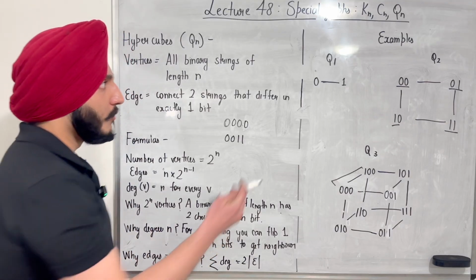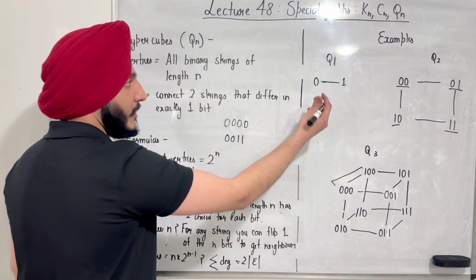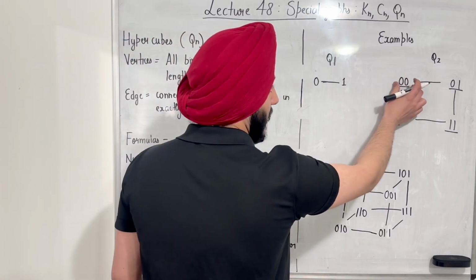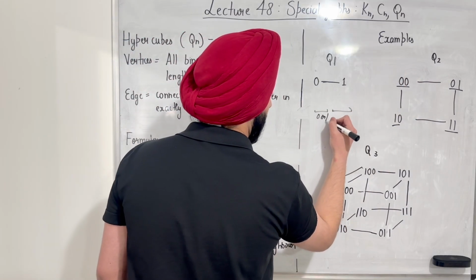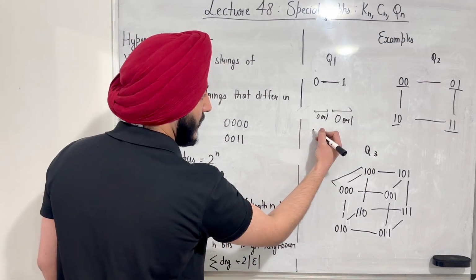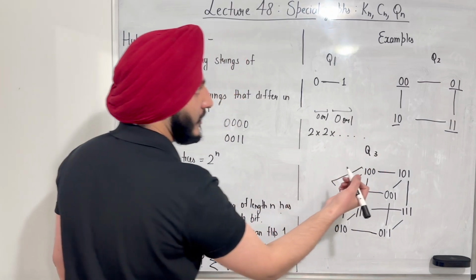If you are making a graph of Q1, only 0 and 1 are possible. If you think about Q2, at each position I can have either 0 or 1. So what you do is keep on multiplying by 2.